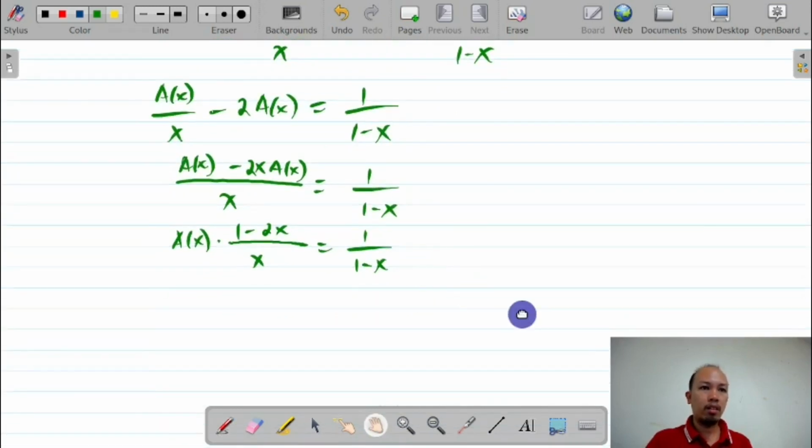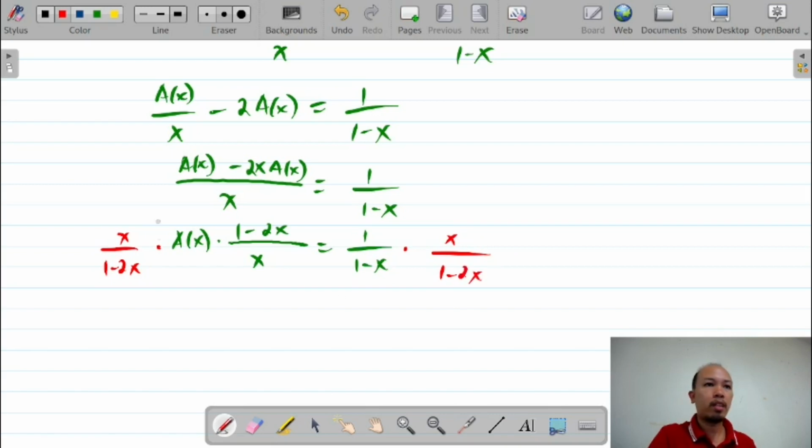And then you can multiply both sides by x over 1 minus 2x. So we have here cancel.